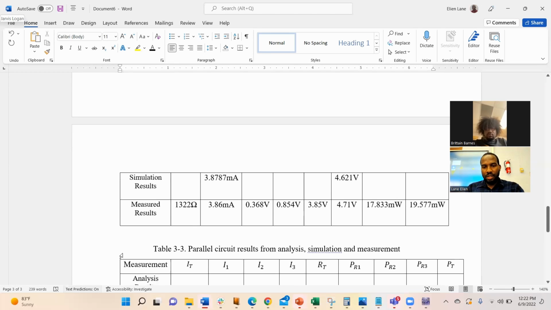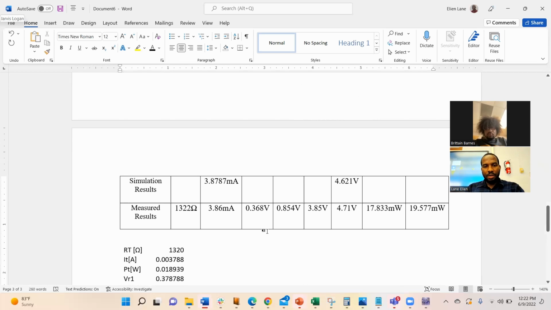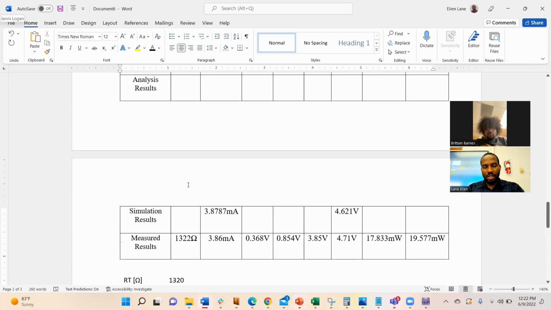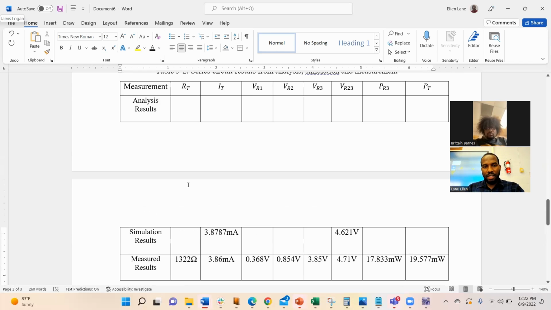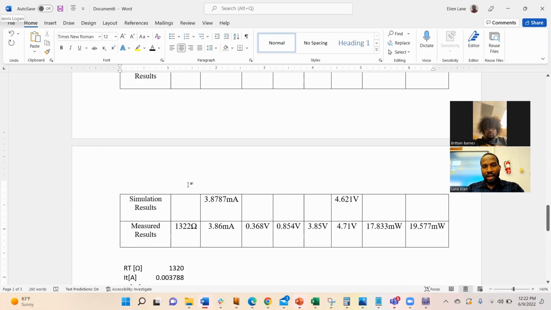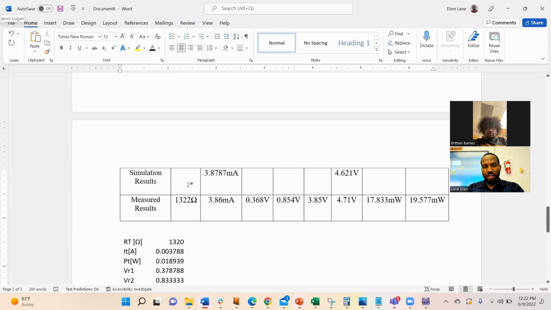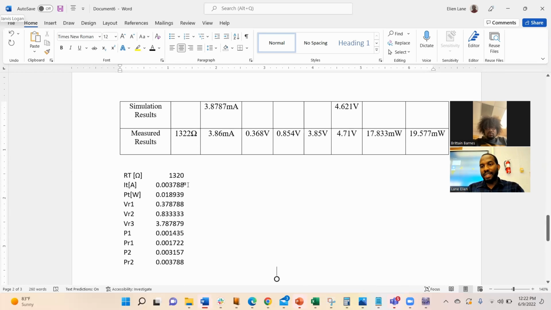I have the series data for sure. So RT, I can put my RT in. All of this will come under analysis results, right? RT, I have the total current, I have VR1, VR2, PT, all of these I can put in from my analysis.